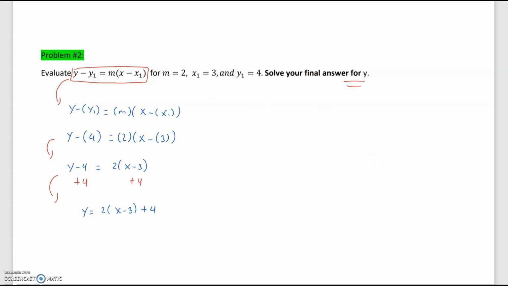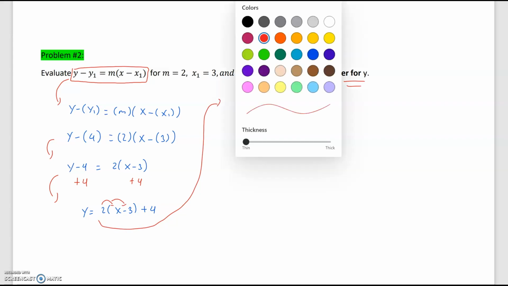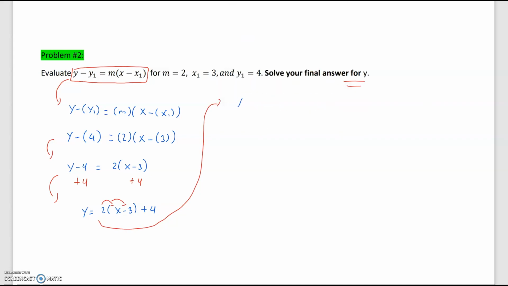Now, this answer has already been solved for y, but not simplified, because technically you could distribute the 2, which is going to give us, in this case, y on the left, and this is equal to 2x minus 6 plus 4, or y is equal to 2x minus 2.